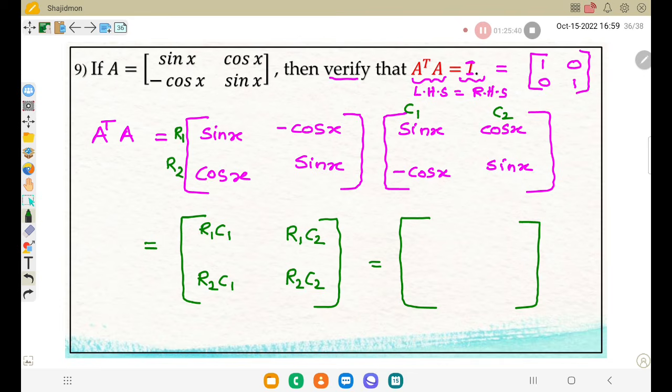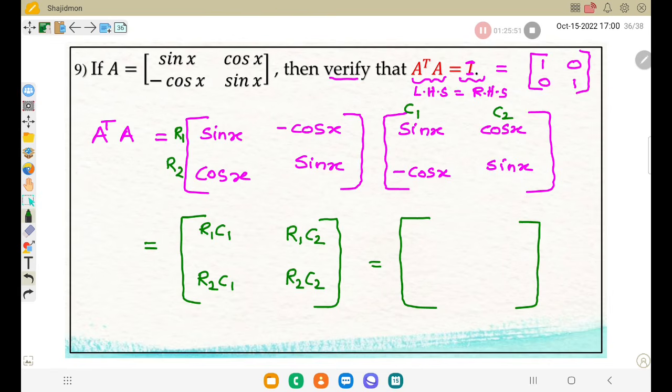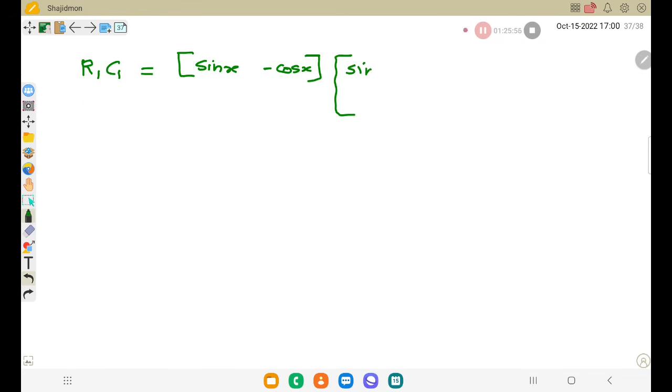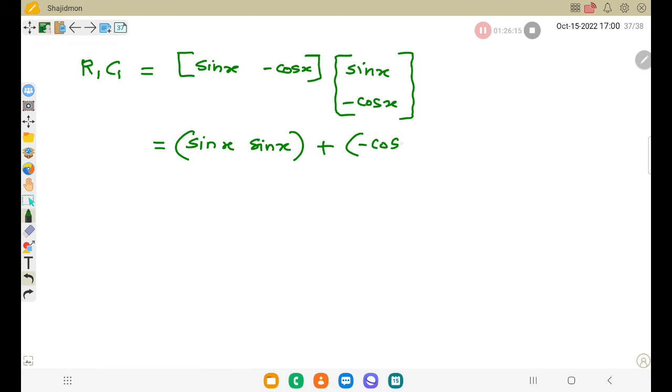What is the first row? Sin x, minus cos x. Multiply with the first column, which is also sin x, minus cos x. Now multiply these two. First number with first number: sin x multiplied by sin x, plus minus cos x multiplied by minus cos x.